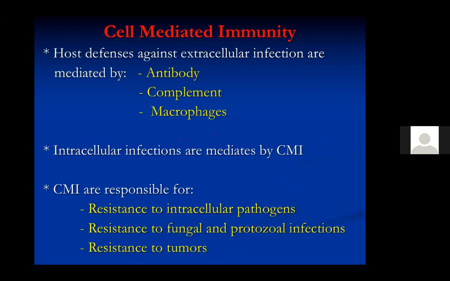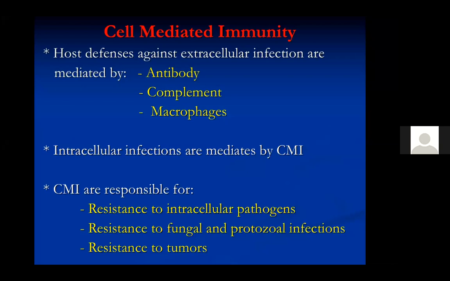So we do know that host defenses against extracellular infectious agents, and particularly extracellular bacteria, can be defended against by antibody secretion. By now, you should have also learned about complement activation, the classical and also the alternative pathway in particular. And we also have macrophages.